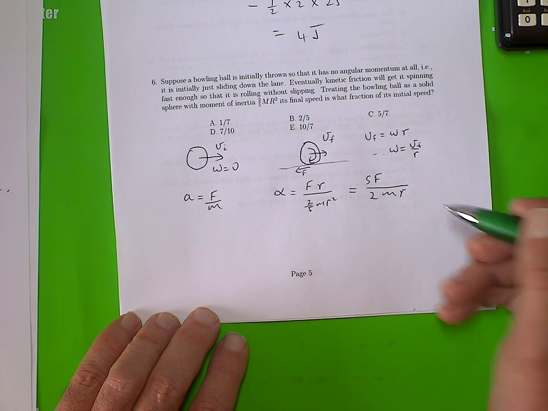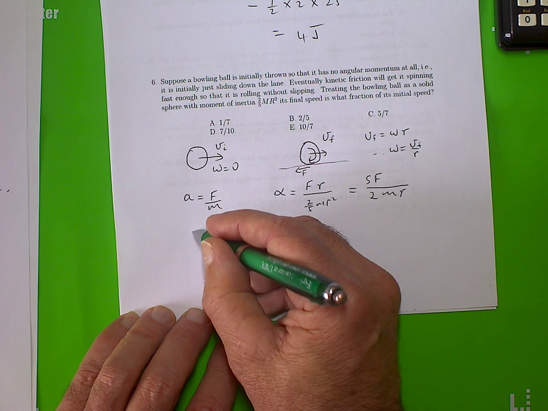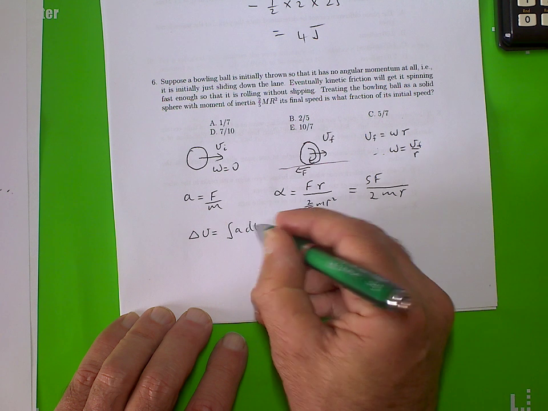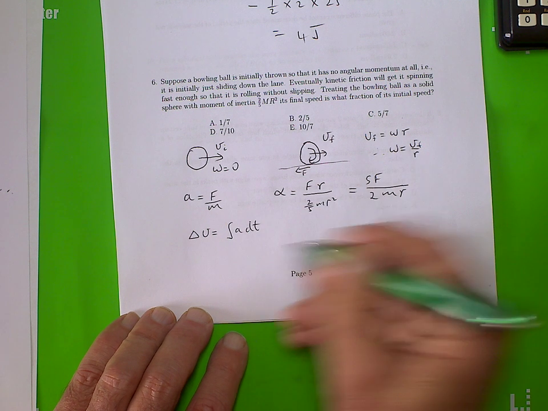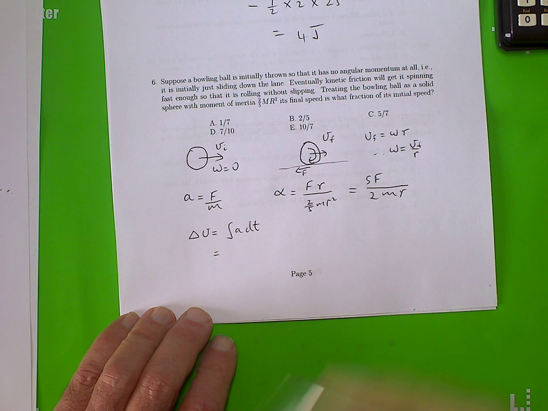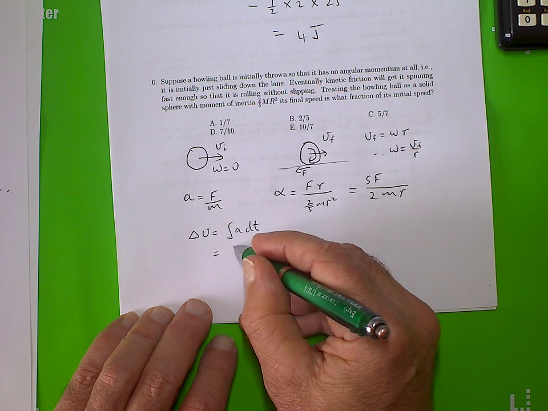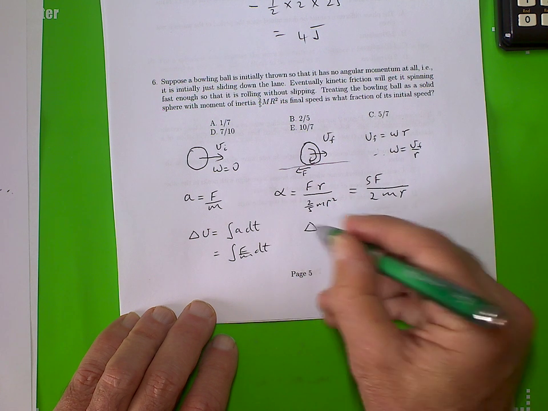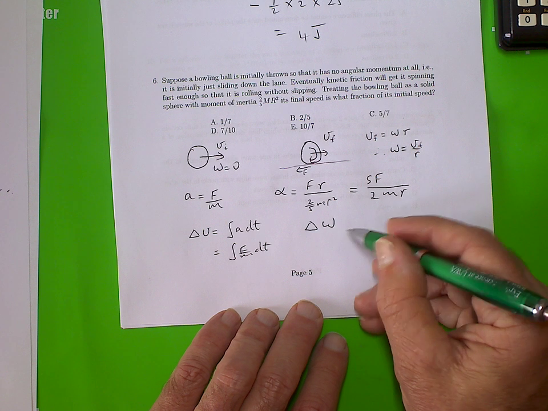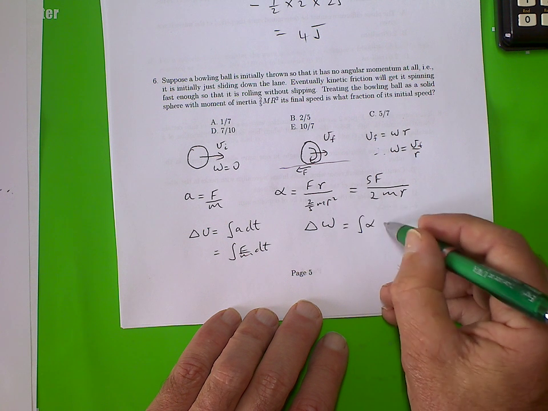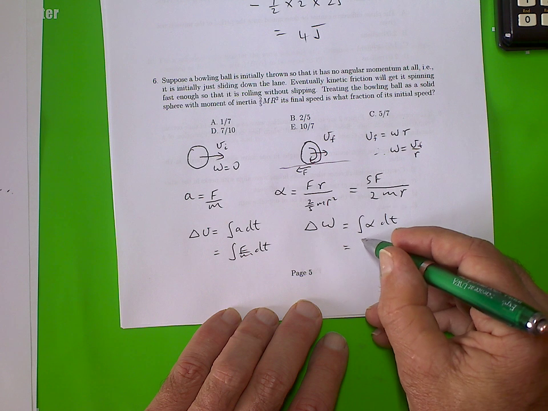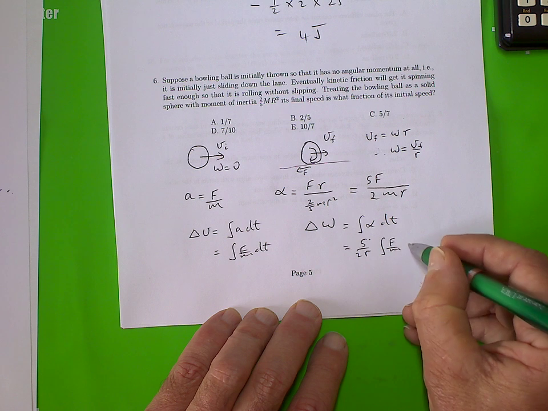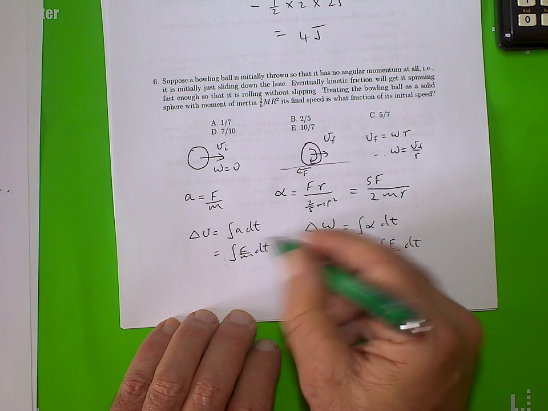We can say that the change in velocity is equal to the integral of A dt, which is the integral of F over m dt, and we can say that the change in angular velocity is equal to the integral of alpha dt, which is 5 over 2r, the integral of f over m dt. I kind of left it like that so that that and that are the same.